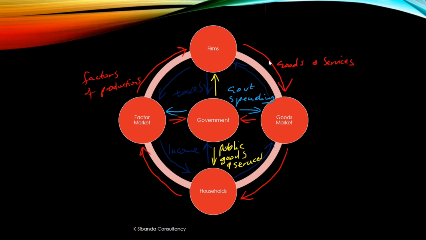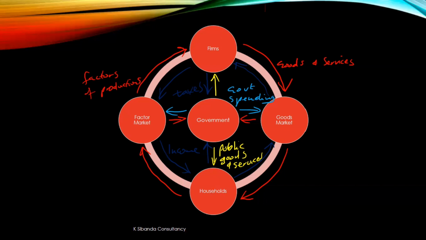So we've got now this circular flow diagram that is showing us the government and how it relates with the firm as well as with the household in a simple circular flow of income, right?